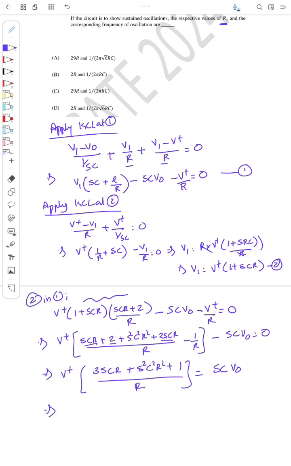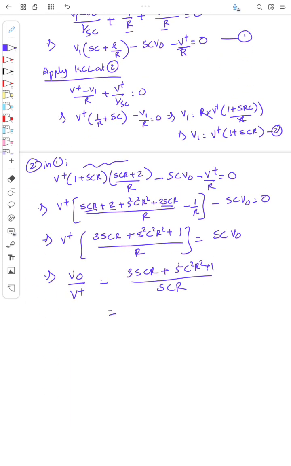So what is V naught by V plus then? V naught by V plus will be 3 SCR plus S square C square R square plus 1 by the SC, come below means SC into R. Okay, so I can write this as 3 plus S square C square R square plus 1 by SCR, right?